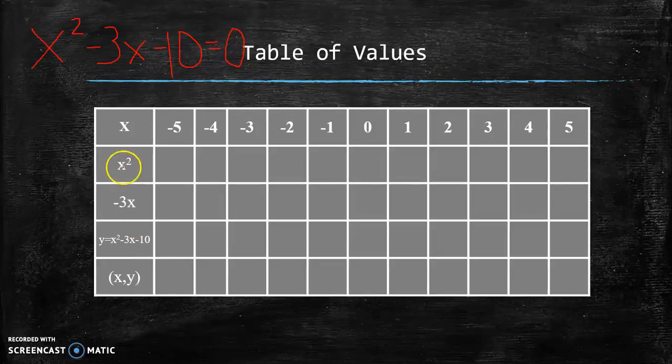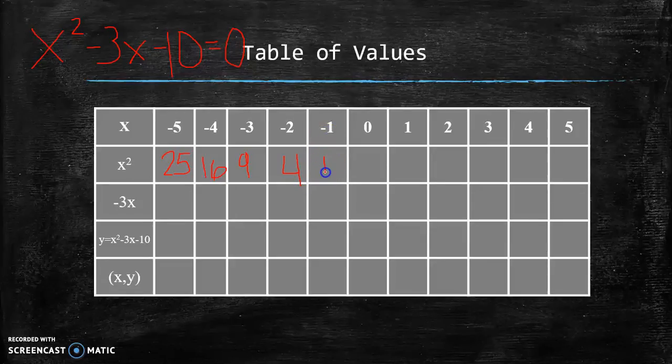So starting off with x squared, if our x is negative 5, our x squared would be 25. Negative 4 squared is 16. Negative 3 squared is 9. Negative 2 squared is 4.